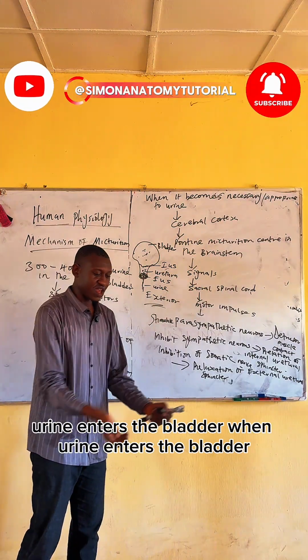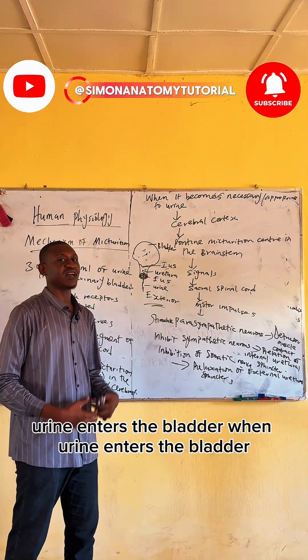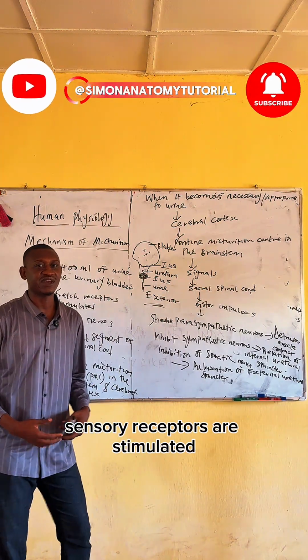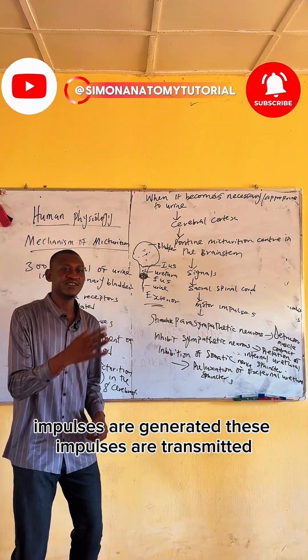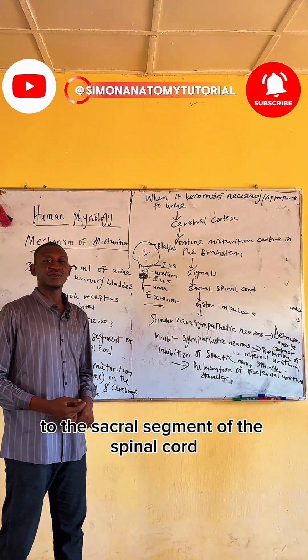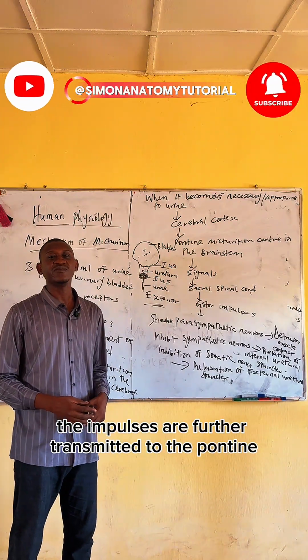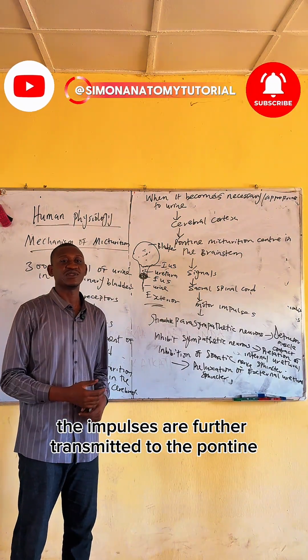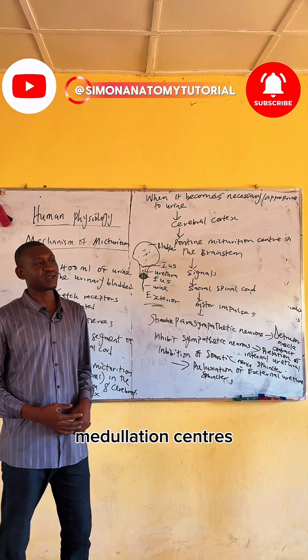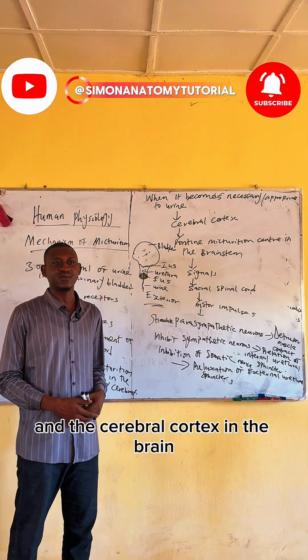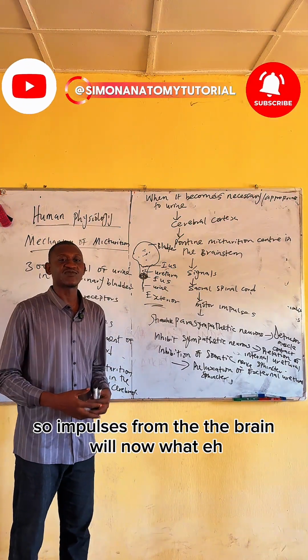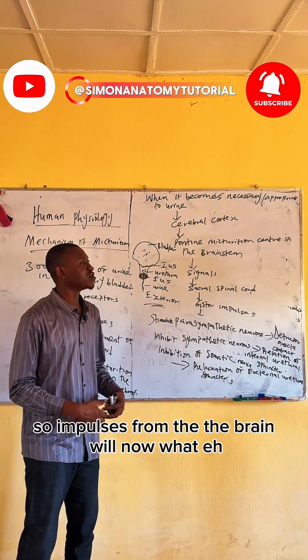First of all, urine enters the bladder. When urine enters the bladder, receptors are stimulated and impulses are generated. These impulses are transmitted to the sacral segment of the spinal cord. From the sacral segment of the spinal cord, the impulses are further transmitted to the pontine micturition centers and the cerebral cortex in the brain.